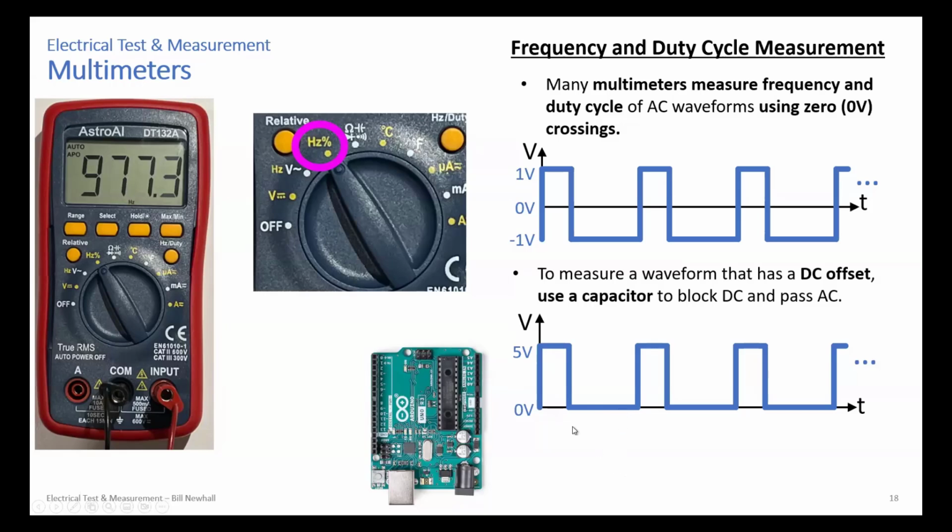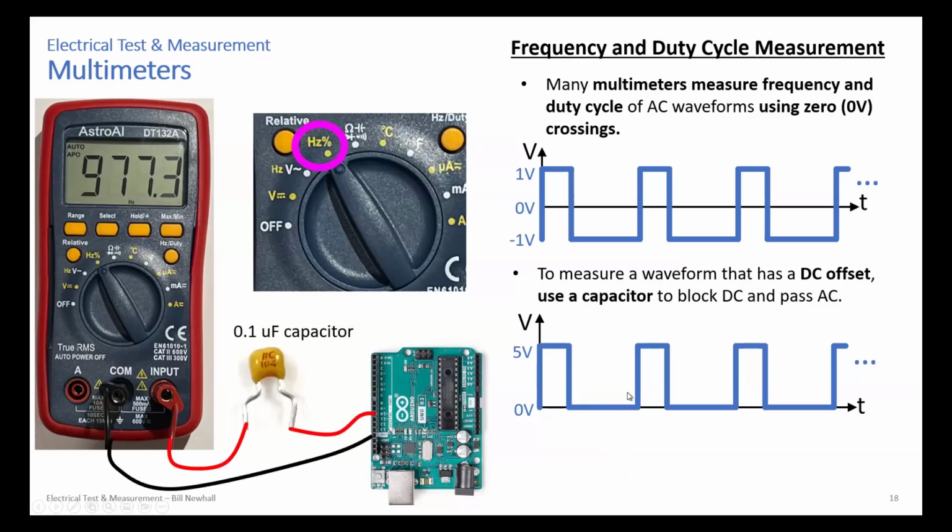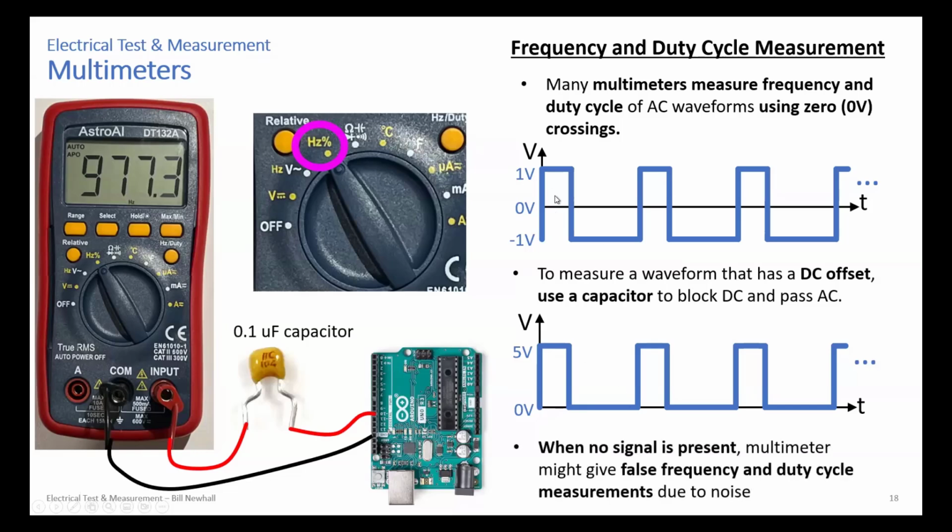In fact, in theory, there aren't any zero crossings. You're going between 0 and 5 volts, but noise on the signal may cause some zero crossings. So what you need to do is block the DC so that you can produce a waveform that goes between roughly -2.5 volts and 2.5 volts.